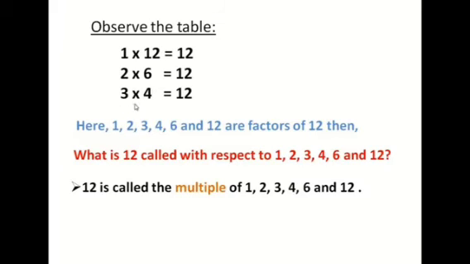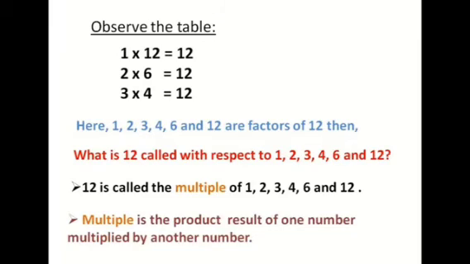We are multiplying both these numbers and getting 12 as a product. A multiple is nothing but the product of two or more numbers. So what is a multiple? A multiple is the product result of one number multiplied by another number. I hope you are clear.